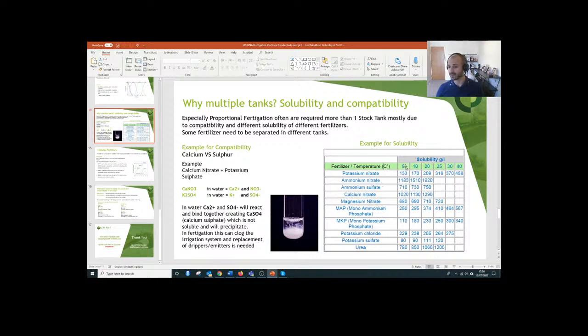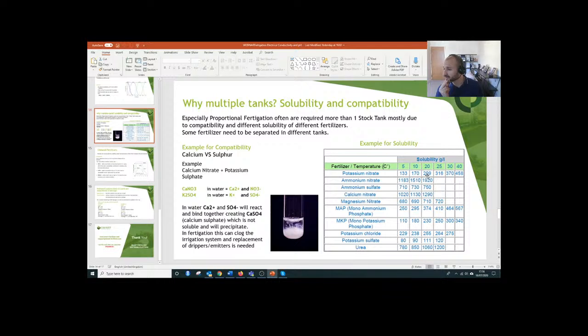At 5 degrees, at 10 degrees, the solubility, as you can see, for example, potassium nitrate, at 40 degrees is much more soluble. You can basically dissolve more grams per liter than at 20 degrees. That's why we need the temperature, in order to be more accurate.